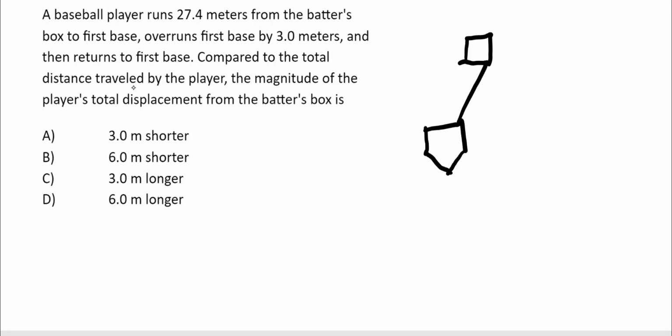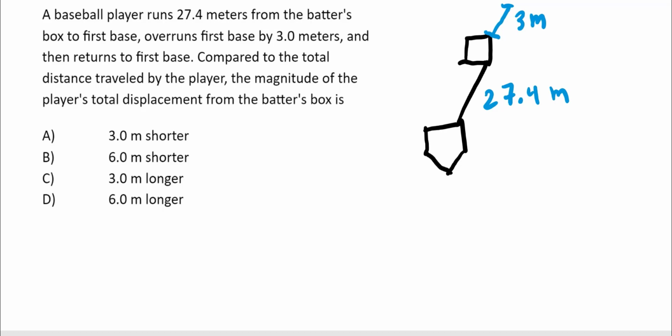So we're seeing that there's 27.4 meters between home plate and first base. But then the person keeps running for an extra 3 meters before they turn around and come back.